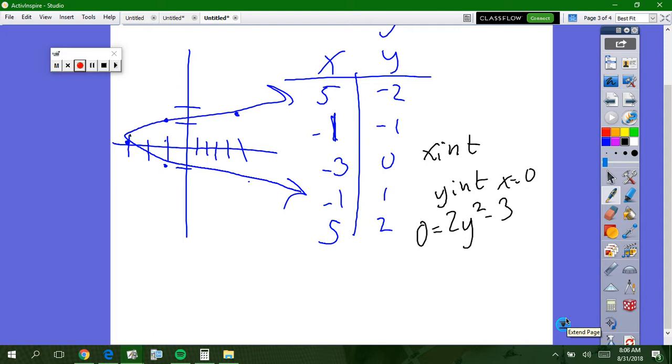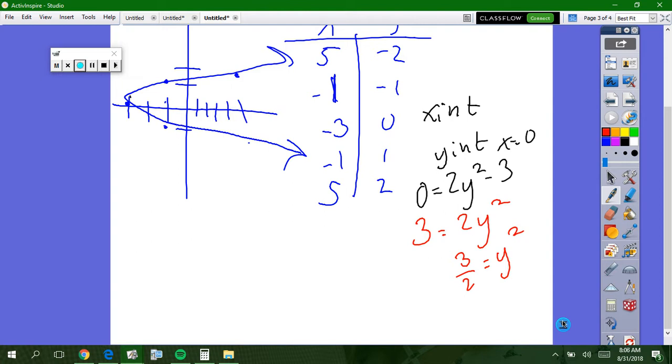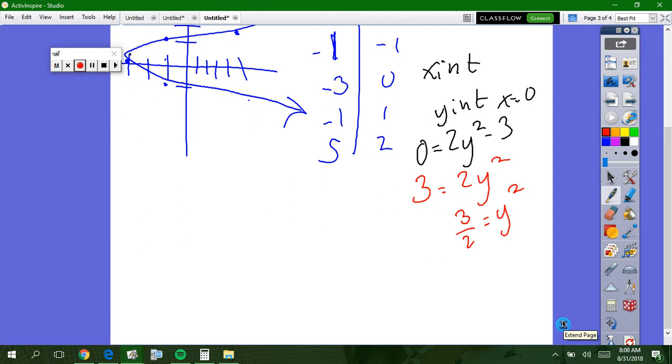Okay? So, same kind of thing here. We're going to add the 3 over. Now what? Divide the 2 over first. How do I get rid of squares? Square root.